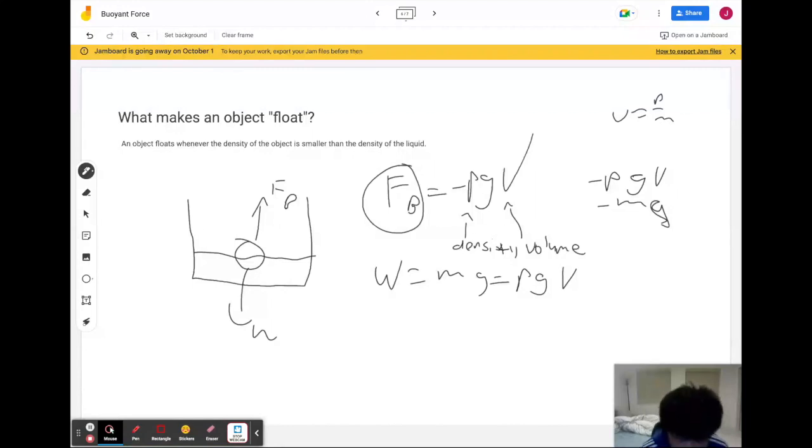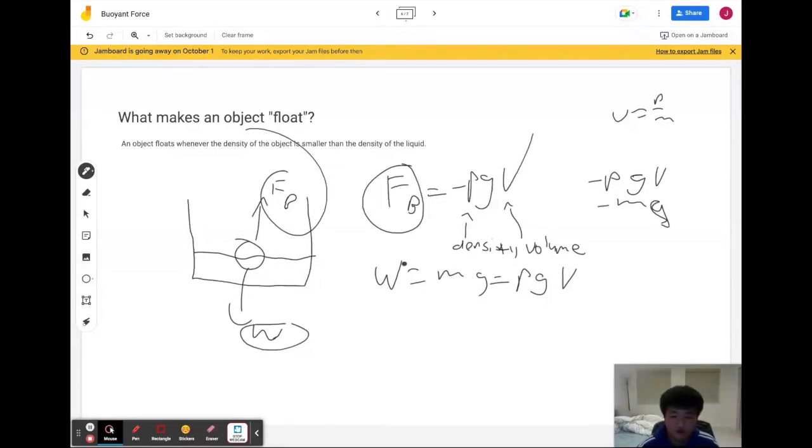So basically, the only way for the ball to start sinking is if the weight force is larger than the buoyancy force, so it goes down, it sinks.